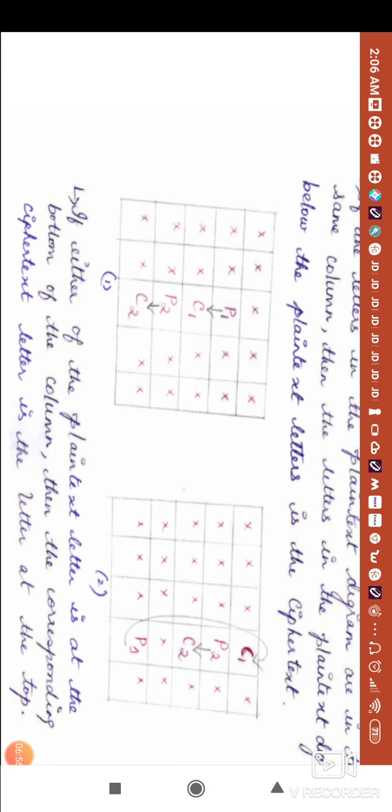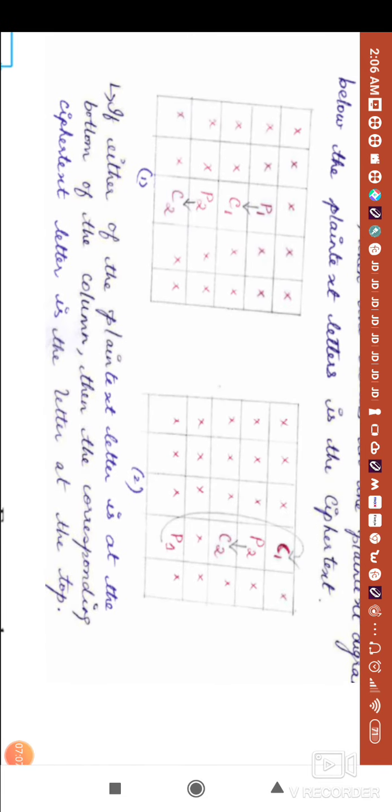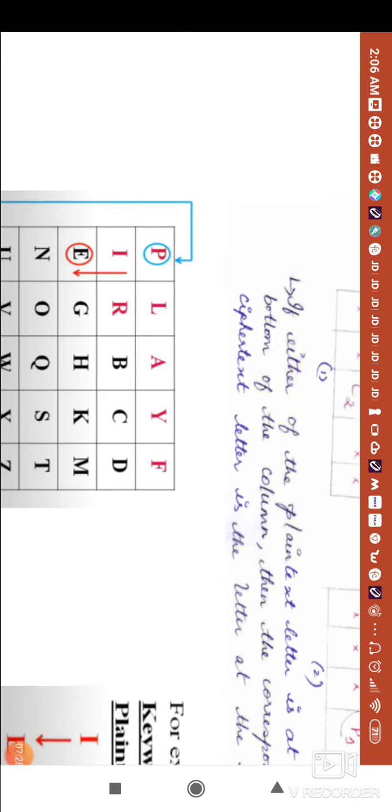Here also we assume that the last element in the column circularly follows the first element. P1 and P2 are in the same column. So P2 is replaced by its below letter C2. We don't have any below letter for P1, but we assume that the last element in the column circularly follows the first one. So P1 is replaced by C1.